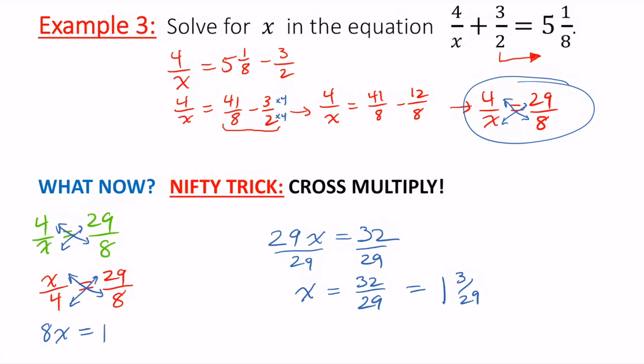And that would be 116. So no matter what sort of setup it is, if you have a fraction on the left-hand side of the equation and a fraction on the right-hand side, in either of these cases you can cross multiply, and that's really just a really neat trick to get to something that looks a lot nicer.